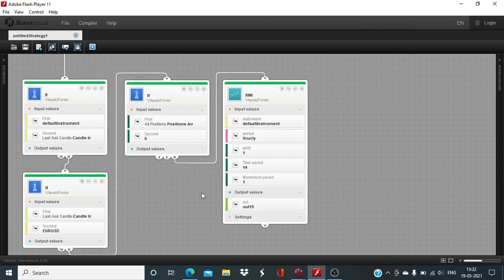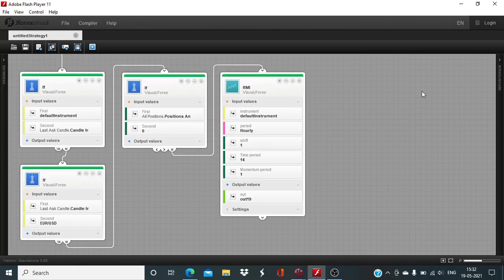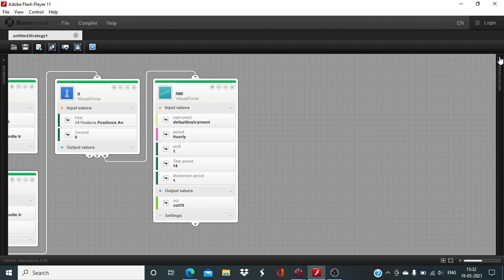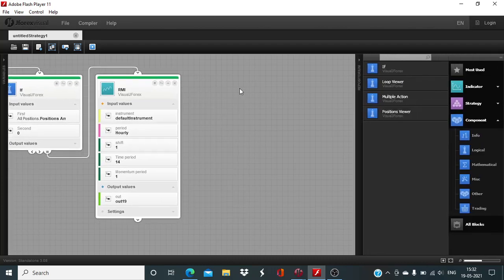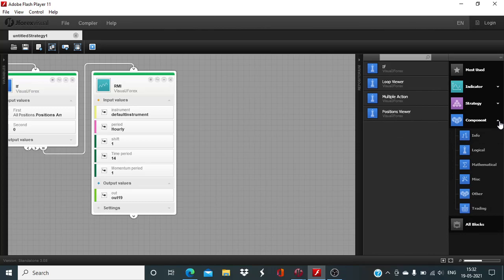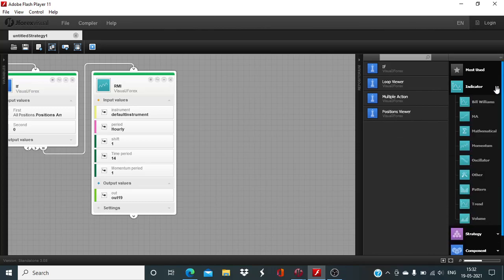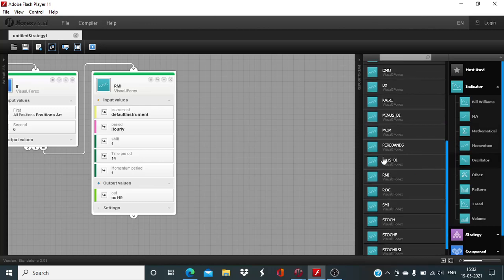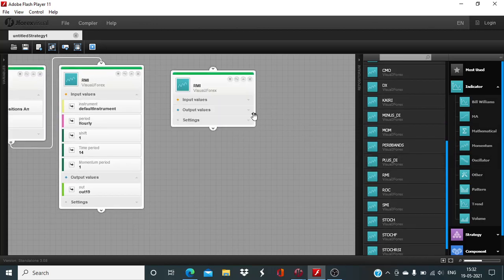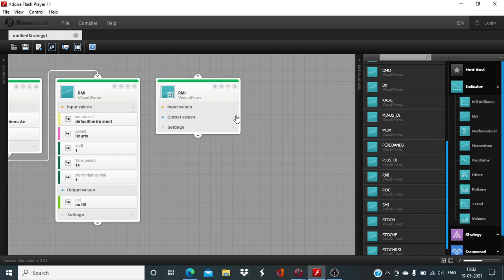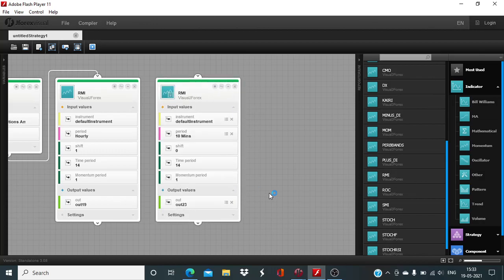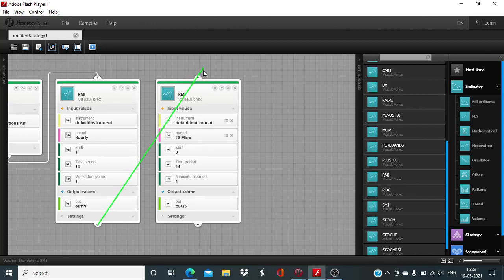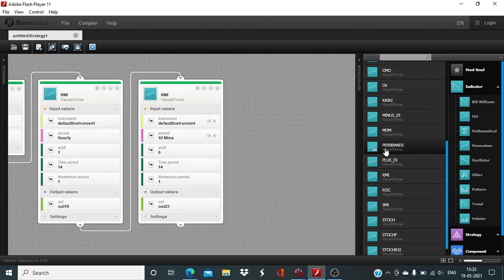RMI. We will be relying on the combination of three RMI blocks of different lookback periods, but the candle period will remain the same.